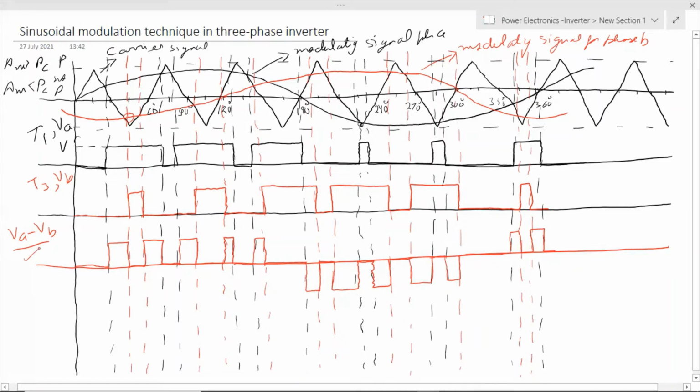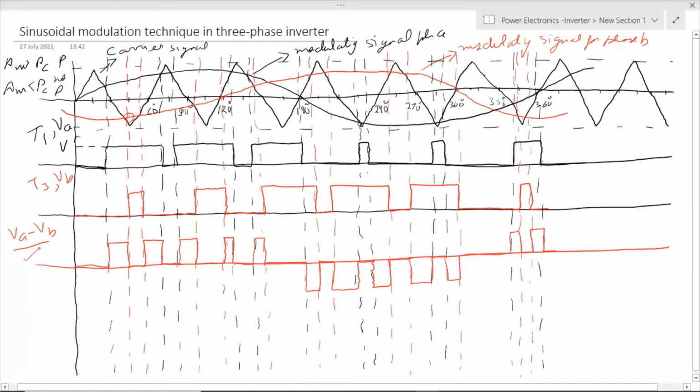Okay, so you can go on and draw the phase C modulating signal. Just delay the phase C modulating signal by another 120 degrees. So it will start from here, from 240 degrees, and you can complete the cycle, find the intersection points and generate the pulses for your T5 and VC.